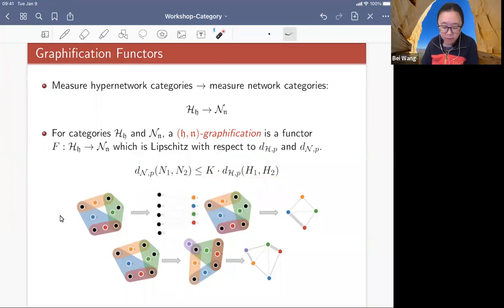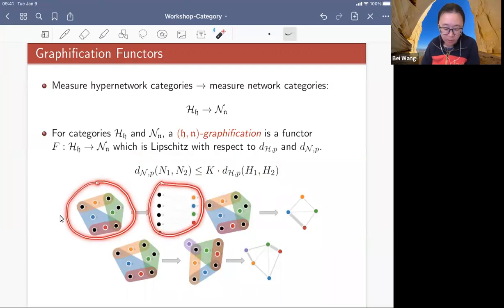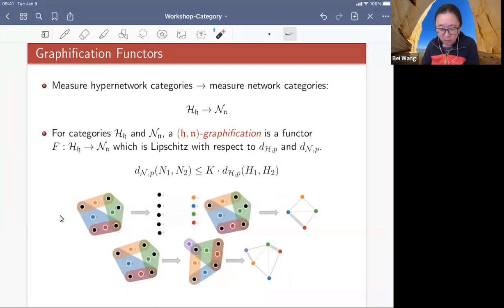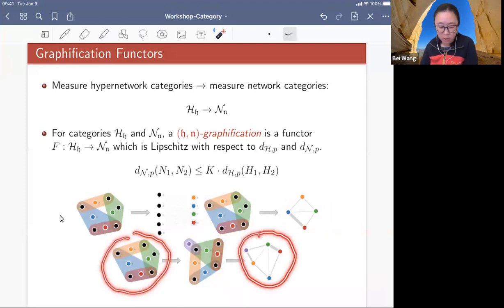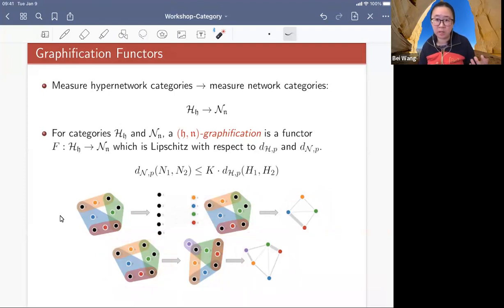This kind of thought applies to all three settings. The first setting is to look at the space of hypergraphs to the space of bipartite or incidence graph representations, the space of hypergraphs to the space of line graphs, and the space of hypergraphs to the space of clique expansions. So you are always, in the categorical language, studying the category of hypernetworks to the category of networks, and you want that functor to be well behaved.